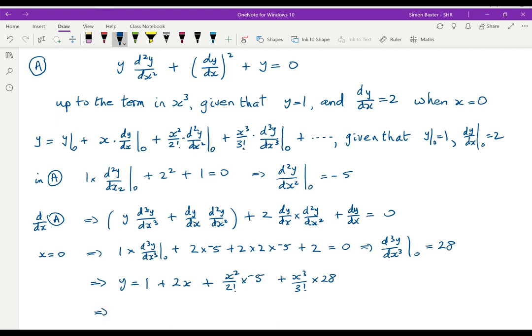And that we can just simplify to give us 1 plus 2x minus 5x squared over 2 plus 14x cubed over 3. This then gives us a good approximation for y when x is small.